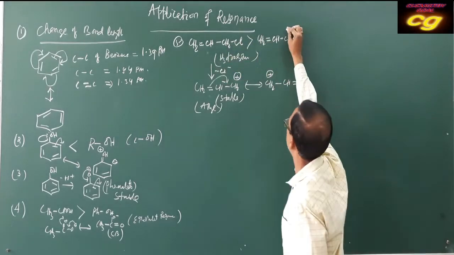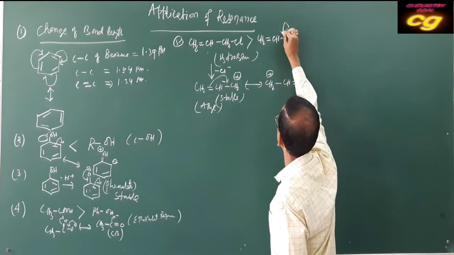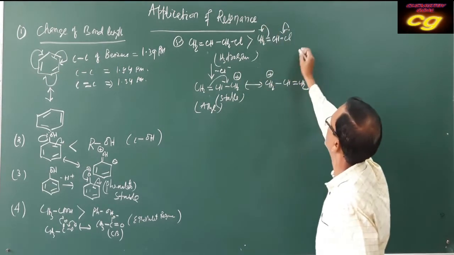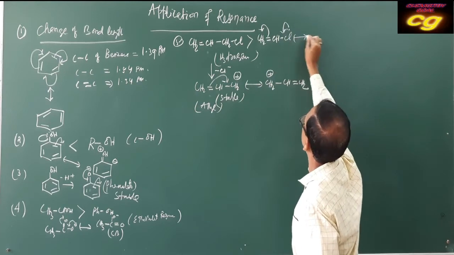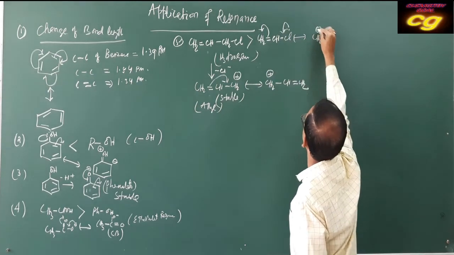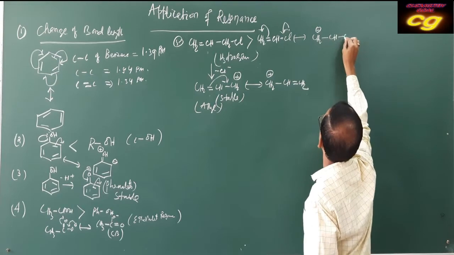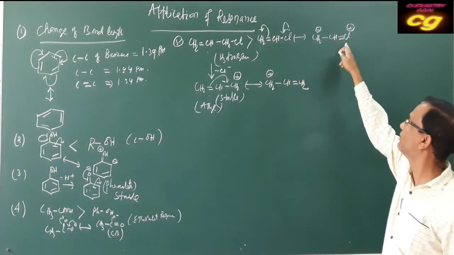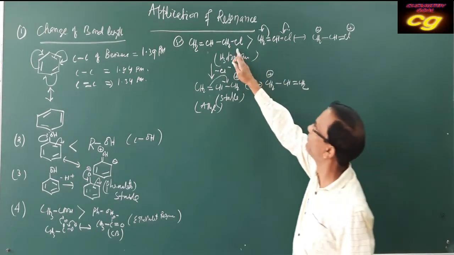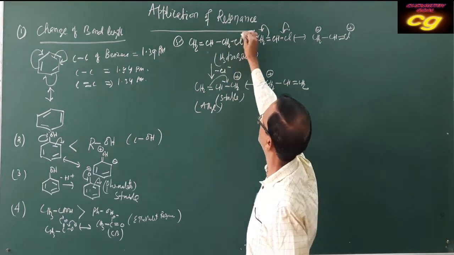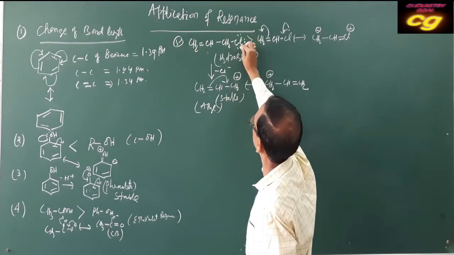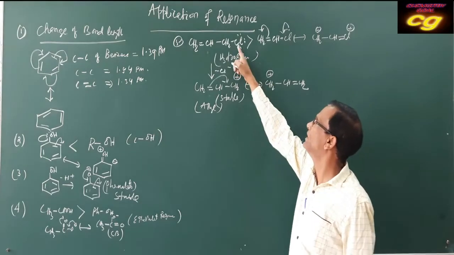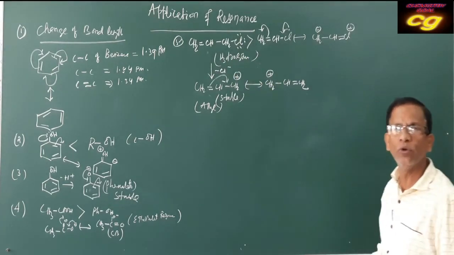But in vinyl chloride, what happens with resonance? It becomes a double bond character between chlorine and carbon. Here the lone pair on chlorine is in conjugation with the pi bond, so it can delocalize, forming a double bond. This type of resonance is not possible in allyl chloride, because there is no pi bond conjugation to the lone pair on the chlorine.